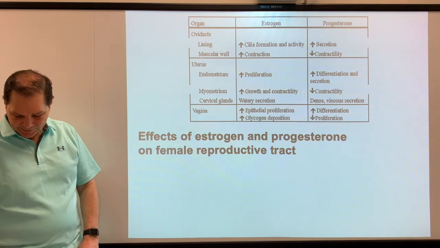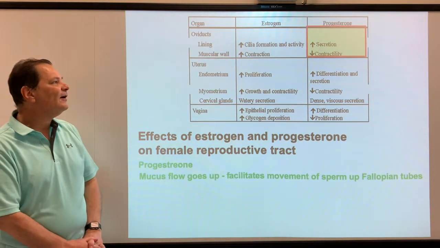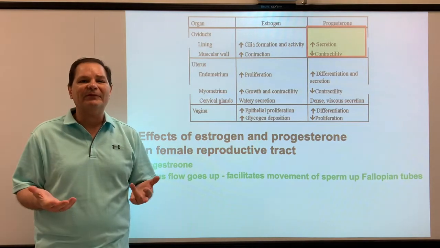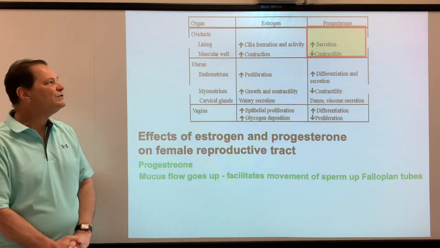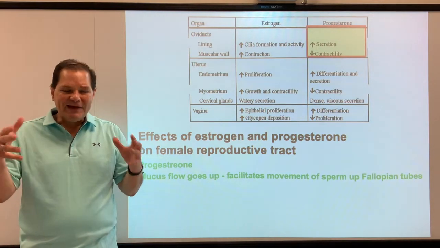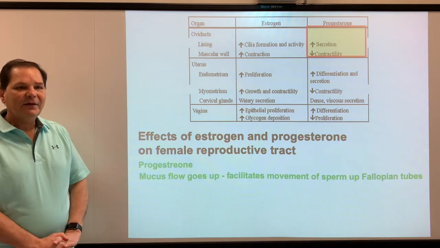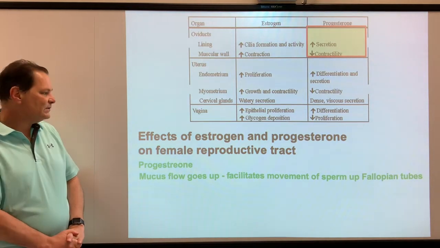Let's talk a little bit about the effects of progesterone, okay? And in many ways, the effects of progesterone are the opposite of estrogen. So where estrogen is priming you to get fertilization, progesterone is really there to nurture the oocyte post-fertilization, okay?